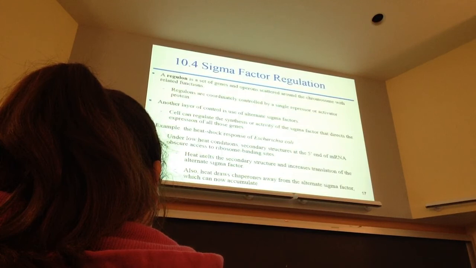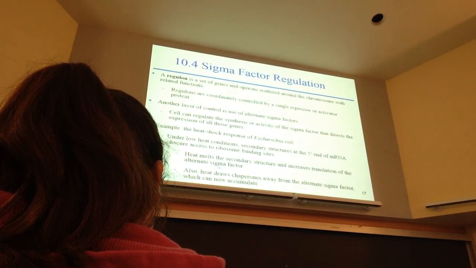So that's under low heat conditions. Under high heat conditions, that secondary structure is actually melted. They become dissociated, and that particular sigma factor is now translated. So you make the sigma factor, you make the protein.